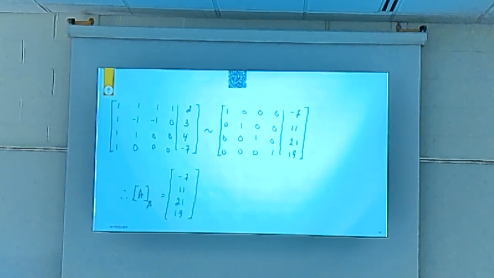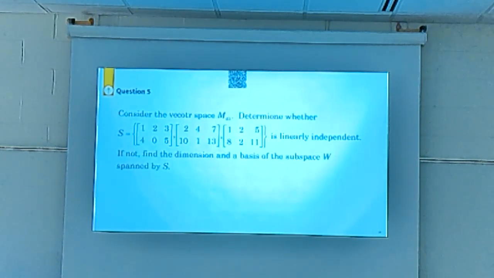Here's your coordinate vector. So again, it's just more of this row reduction again. I'll let you do that one. But the idea is to use the coordinates that we just went over. Makes this a lot easier.